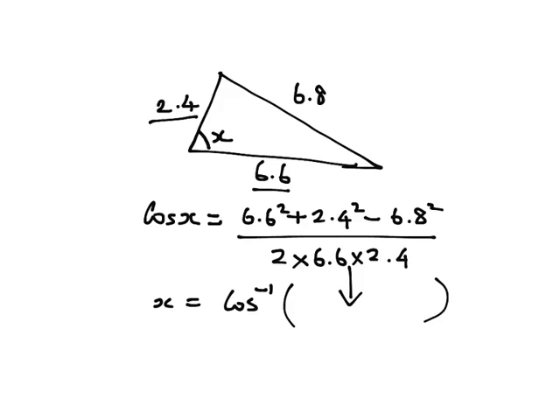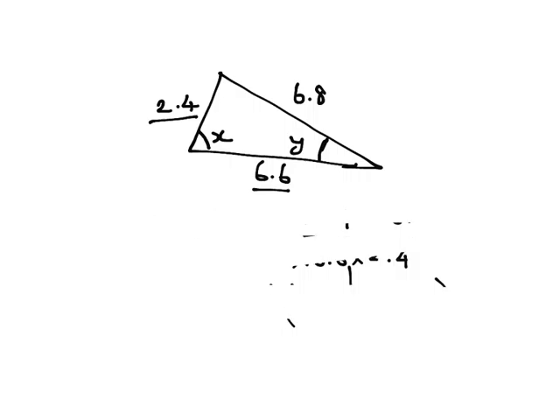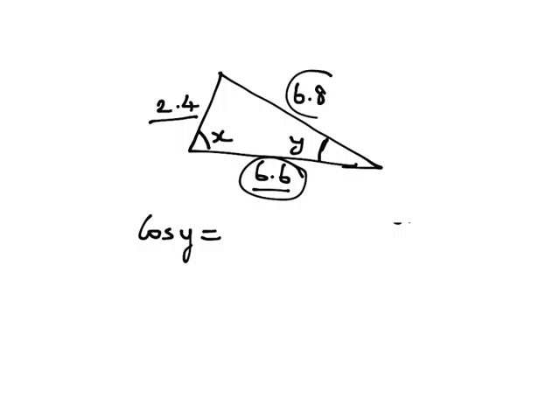You can use a calculator to find the answer. What if I need to find this angle, the angle y? Then what do I do? Again, I'll use the cosine rule. So if I need to find y, then as per the cosine rule, cos y equals, the two sides that make y are 6.6 and 6.8, right?